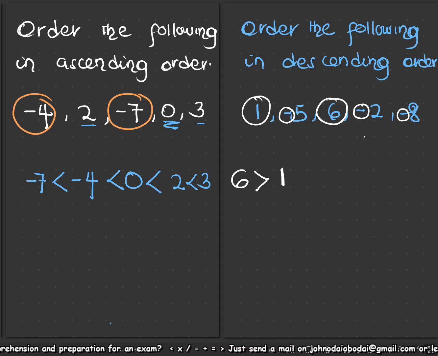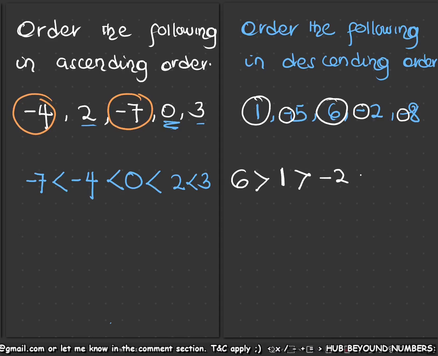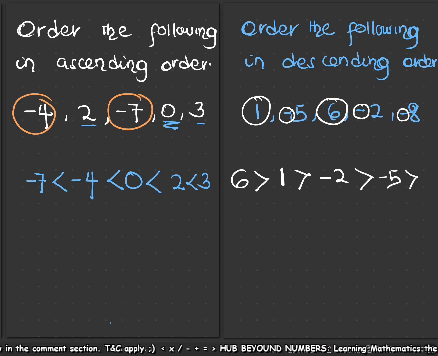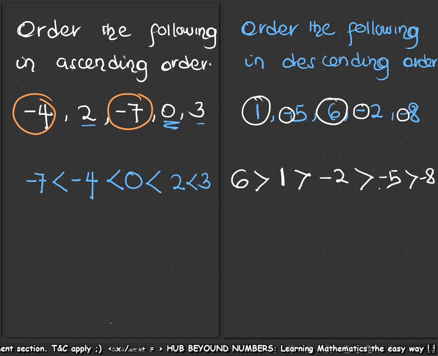So what do I mean by the smallest is the biggest? 2 here, which is an overall -2, is bigger than -5, which is also greater than -8. So 6 is greater than 1, which is greater than -2, which is greater than -5, which is also greater than -8. So this here becomes our ordering in descending order.